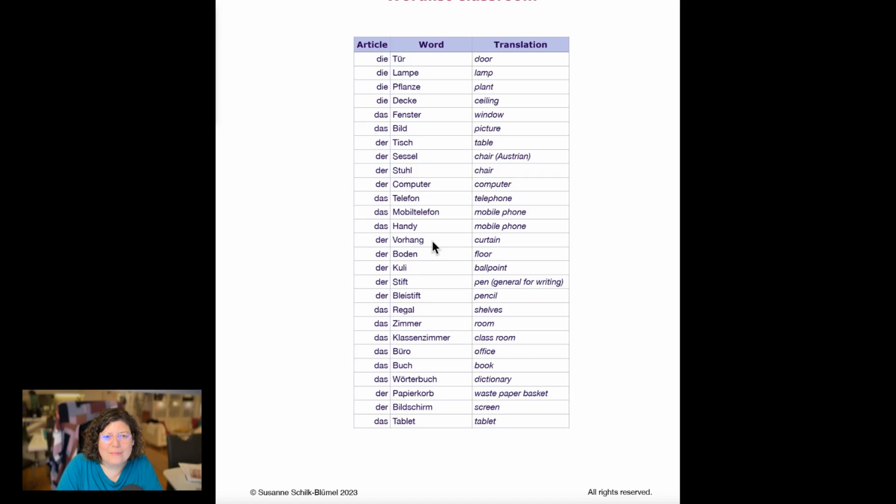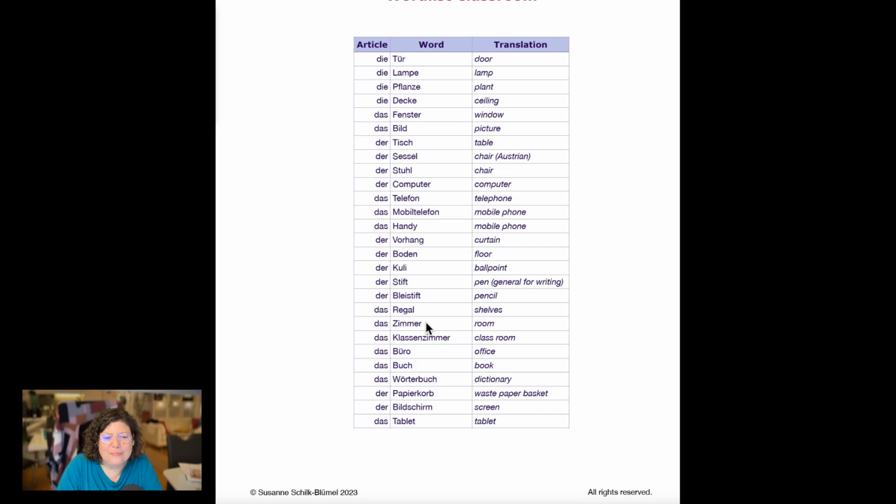Der Boden. Der Kuli. Der Stift. Der Bleistift. Das Regal. Das Zimmer.